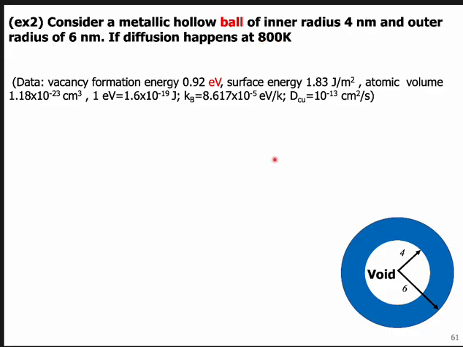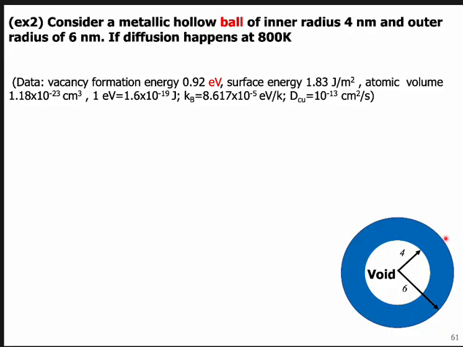So it turns out, as we mentioned, if you continue to heat these materials up at higher temperature, then due to this only one driving force acting on these materials, which is the curvature effect. As we mentioned in the prior slide, this hollow ball is going to shrink.